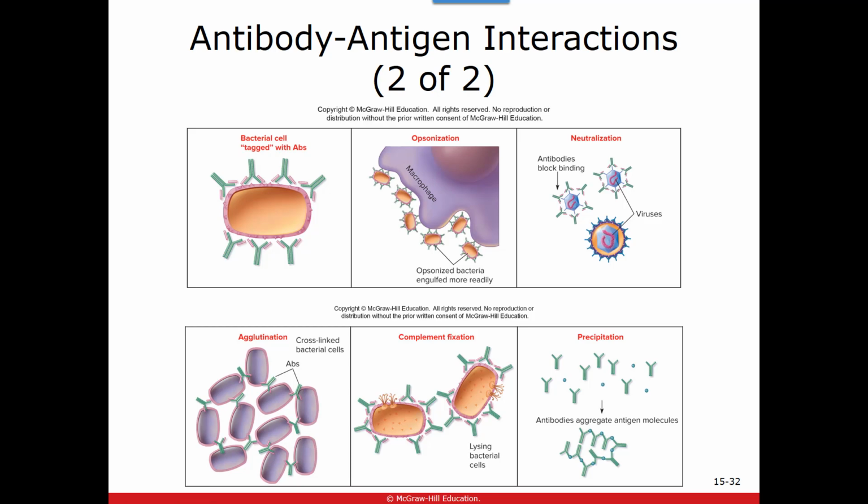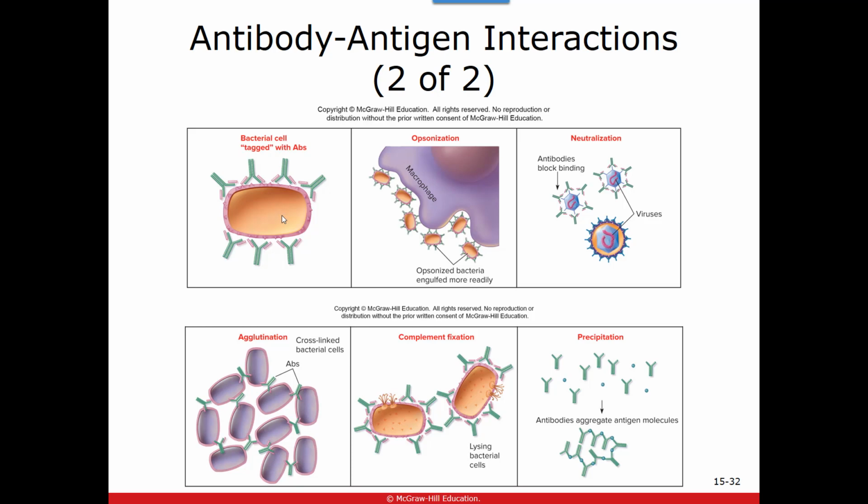Again, if the foreign object is a bacteria, which usually if antibodies are produced, it's a bacteria. A lot of these bacteria have a capsule, which in itself provides a little camouflage for our immune system. Well, you're not really camouflaged anymore if you're completely covered in antibodies, so you're more likely to get eaten.